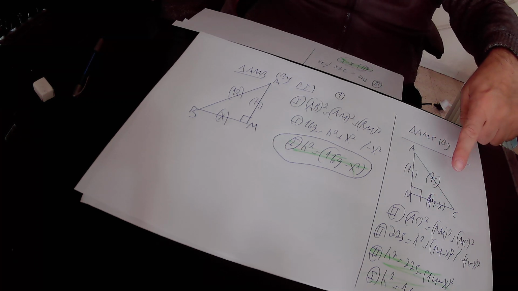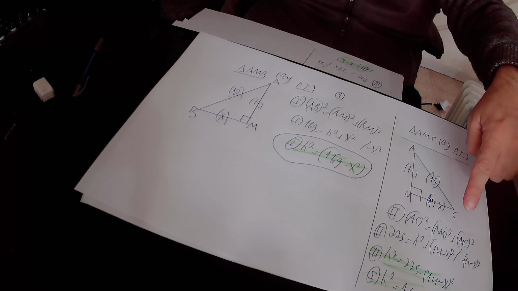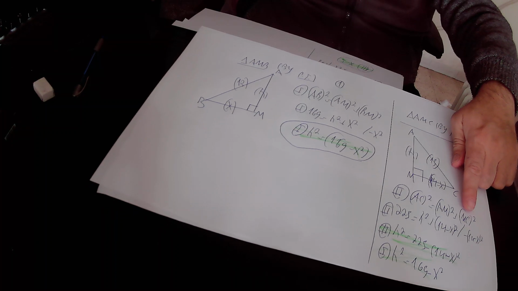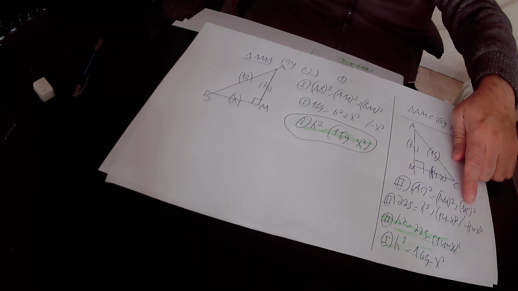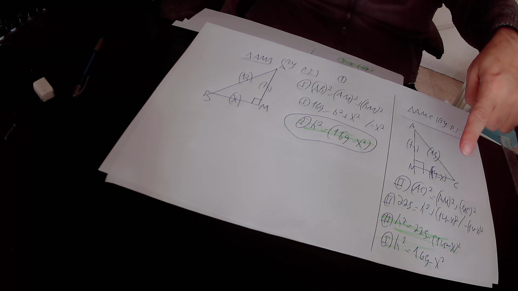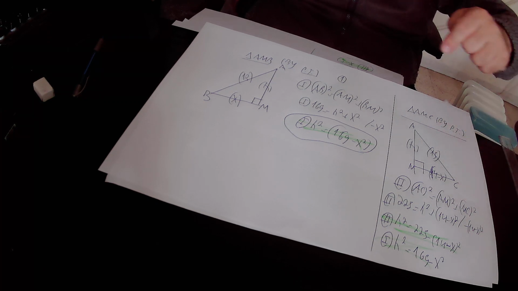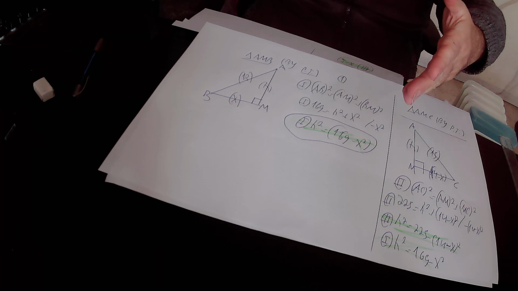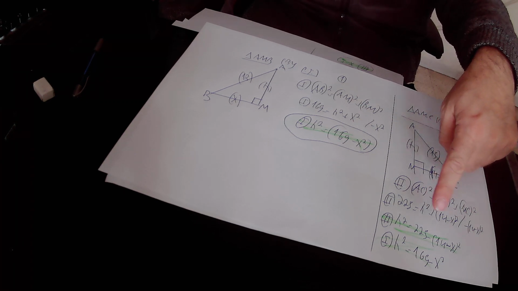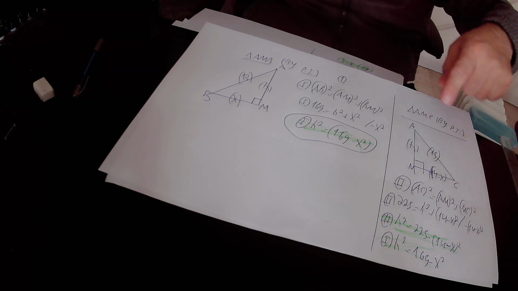MC is 14 minus X, therefore MC square is (14 minus X) square. Here we subtracted (14 minus X) square from this equation and finally found that according to equation number 2, H square equals 225 minus (14 minus X) square. According to equation number 1, we have already found that H square equals 169 minus X square.